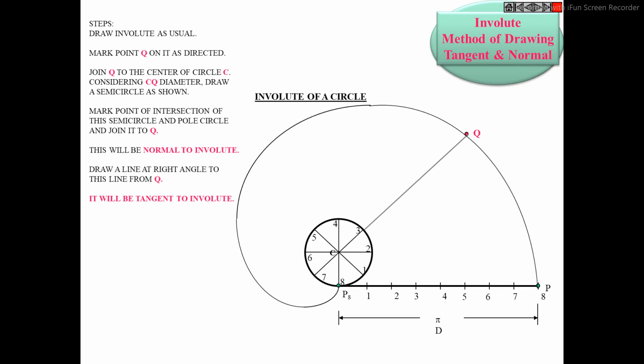That means you need to join CQ with the help of your scale. Clear? Any doubt so far? Yes, sir. Clear. Then what you do, you bisect the line CQ.